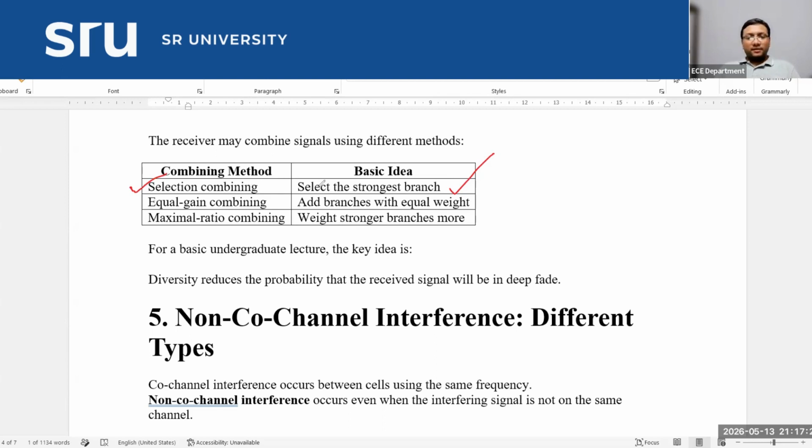Equal gain combining will add the powers or gains equally from the two branches. And the third one is maximal ratio combining. It gives priority to the branch where the signal strength is generally more than the other one. Okay. So based on these three combining methods, we can achieve the signal combining.